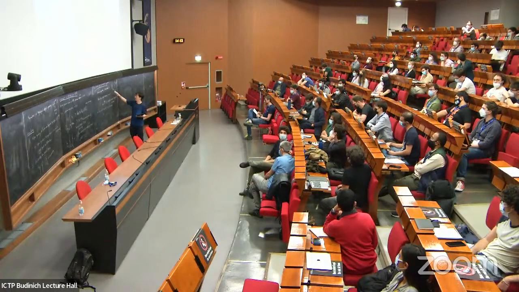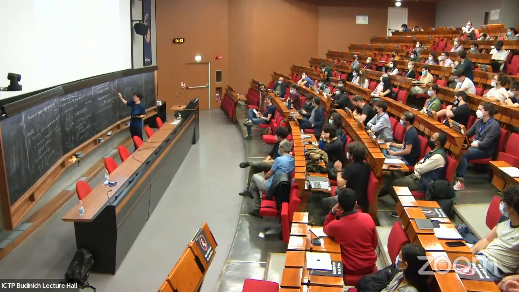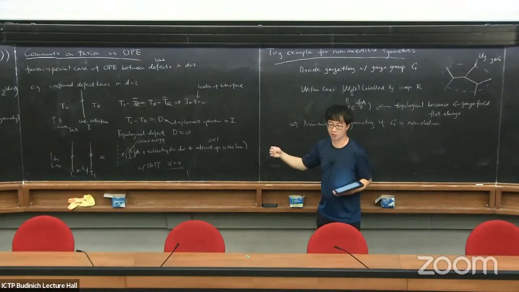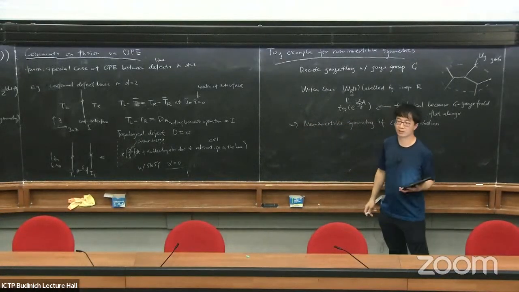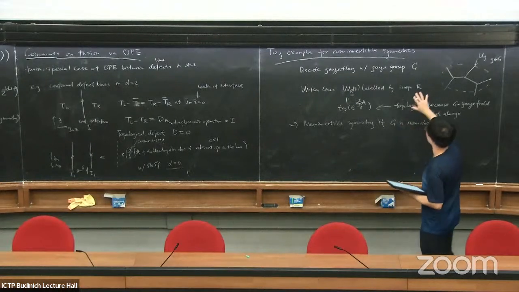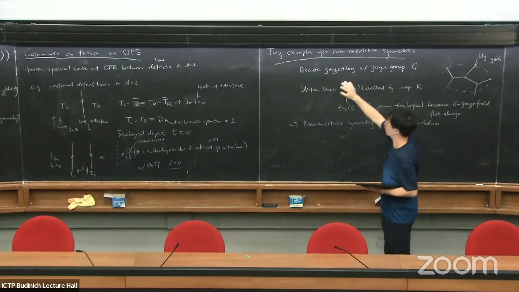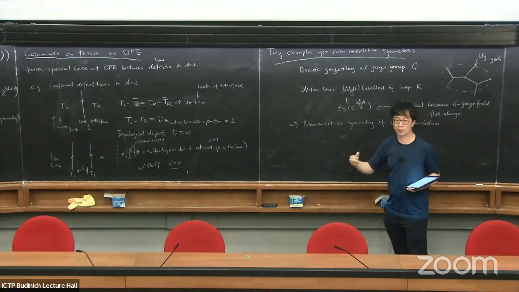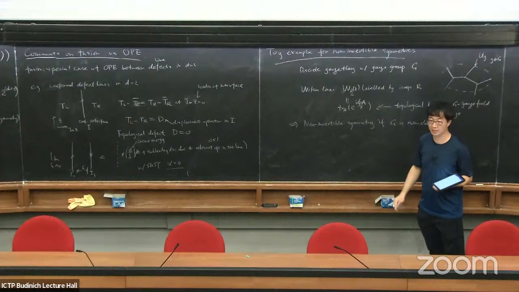The key point is that the freedom that you have in defining these junctions will not affect physical quantities like anomalies associated with the corresponding symmetry. In this case, I'm talking about the discrete gauge theory, in which I have dynamically gauged the group, so I'm implicitly already assuming there's no anomaly associated with the symmetry in this setup.